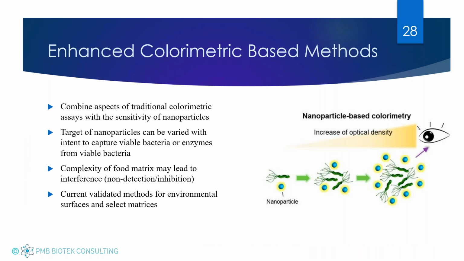So colorimetric-based methods essentially have been around for 50, 60, 70 years. But what we're seeing is a refocus on them using really targeted nanoparticles. So similar to PCR, these particles are being designed where they're very specific for the target analyte.